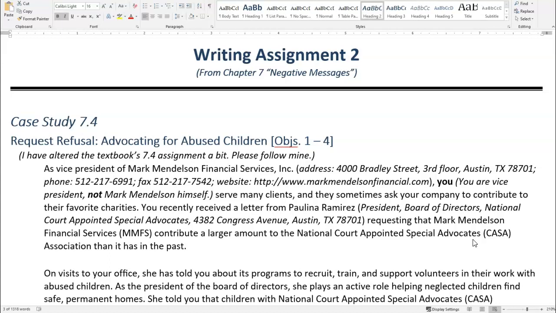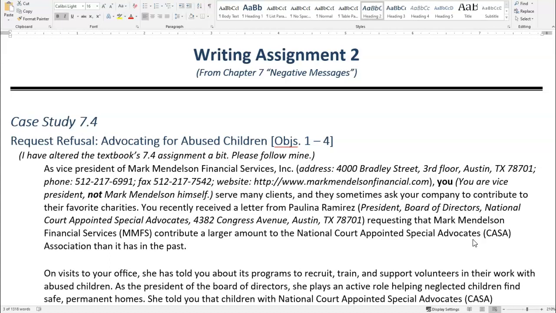Okay, let's look at this particular case study. You are writing a letter for this case study. You are not making up your own scenario. You must write as the Vice President of Mark Mendelson Financial Services, and you are writing to Paulina Ramirez. So this is your case study you're writing for.